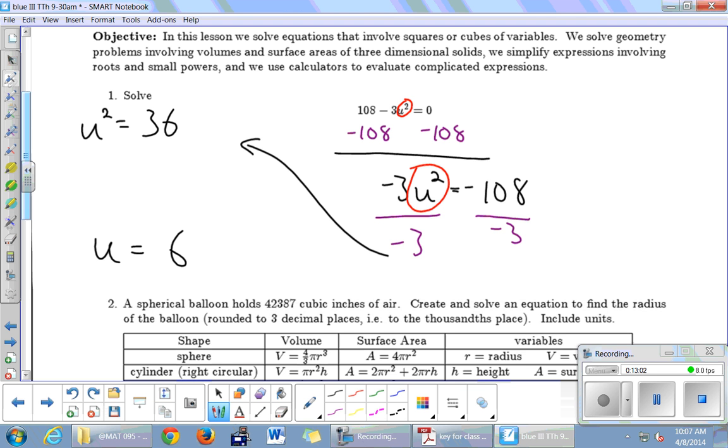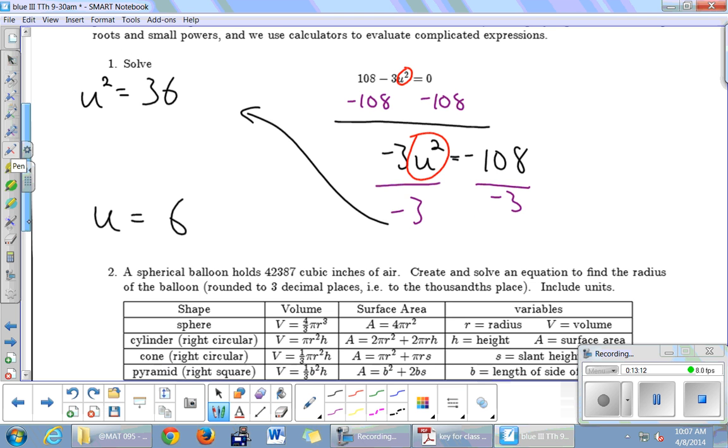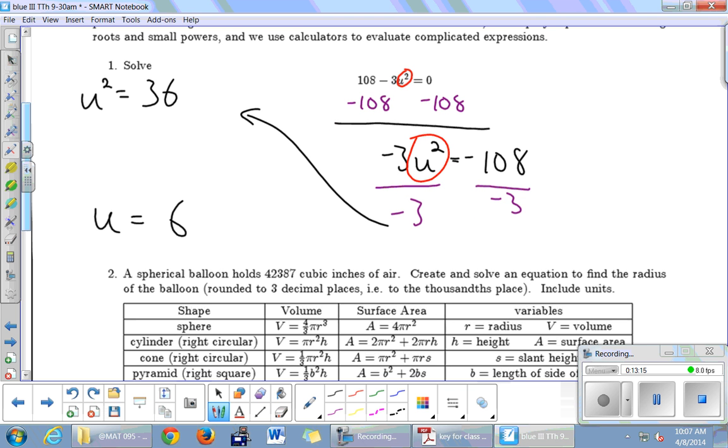Are there any other numbers that have that same property? That when you square this other number, you still get 36? Now, if it were 4, then 4 squared would be 16. Are there any other numbers that when you square them, you still get positive 36? Let's try negative 6.